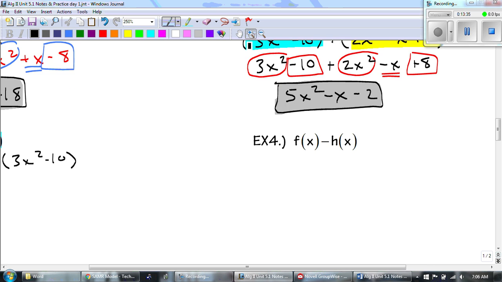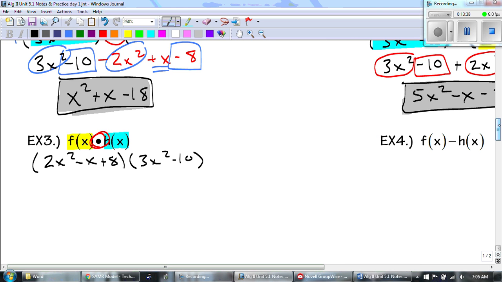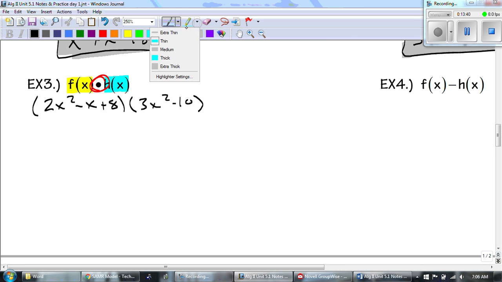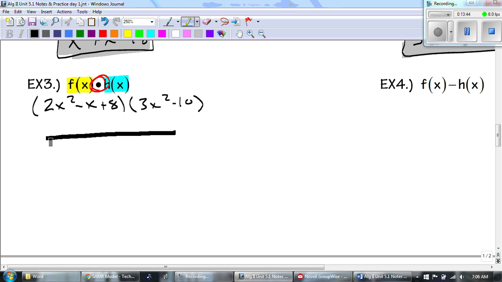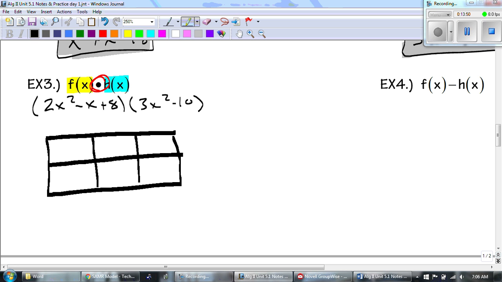So once again, I'm going to do box method for this, just because I think it's easier when I have a trinomial. So my trinomial is going to go on the top. My binomial is going to go on the side. So I'm going to put the 2x squared minus x plus 8, and then 3x squared minus 10.